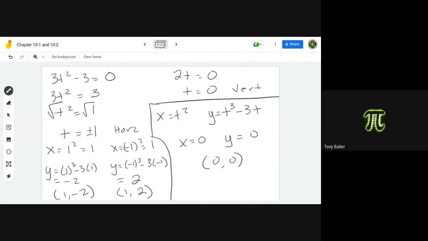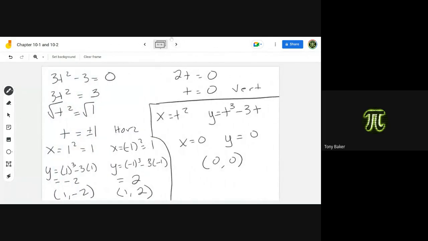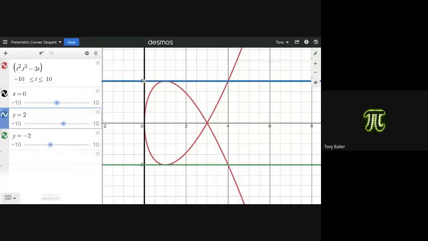All right. So if we look at our graph, we can see those equations.